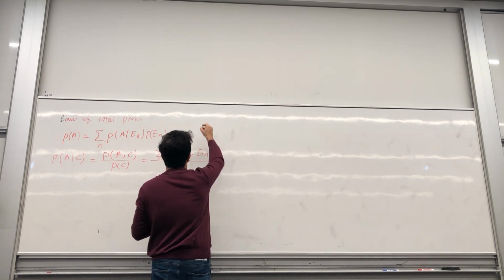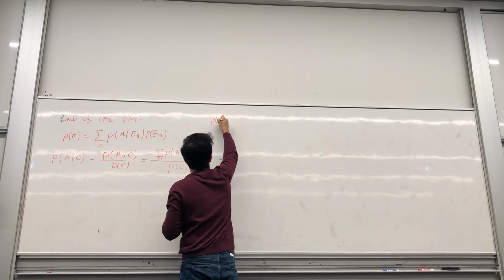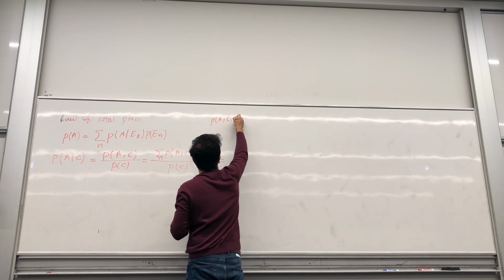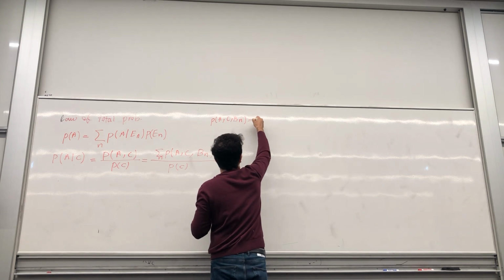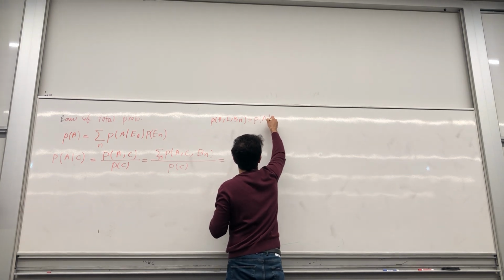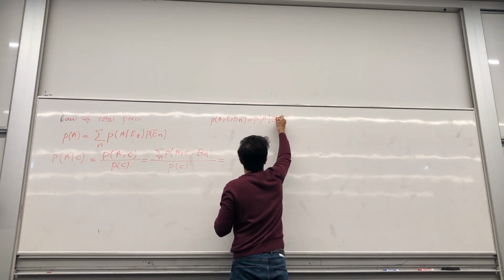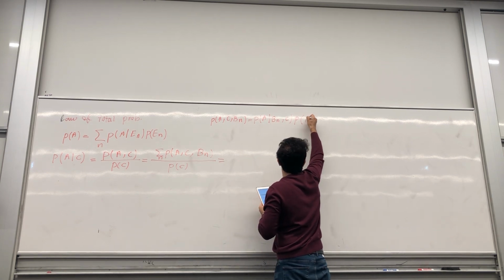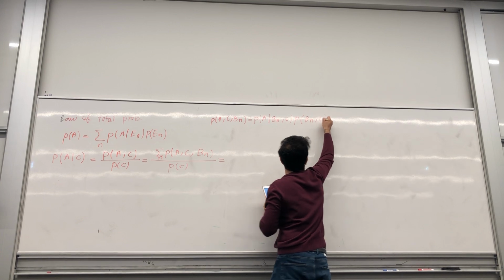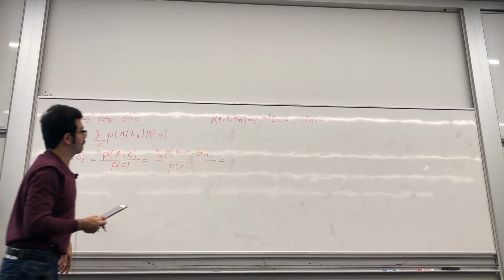and also I can write it here, probability of A, Bn, C could be written as probability of A conditioned on Bn and C times probability of Bn and C. Do you agree?